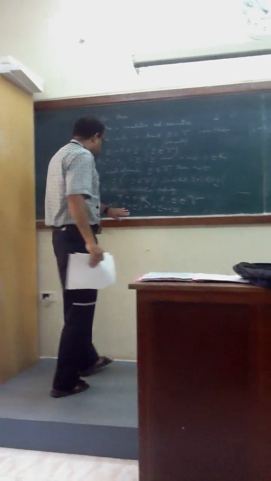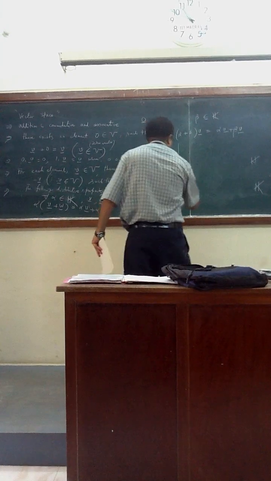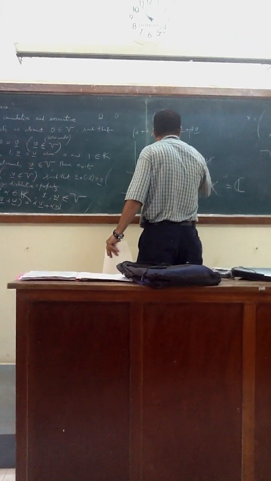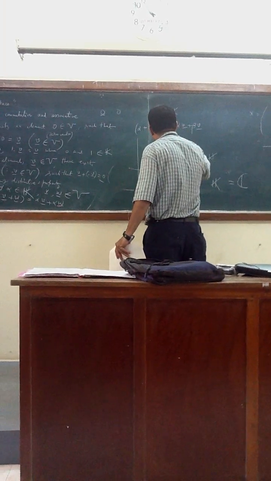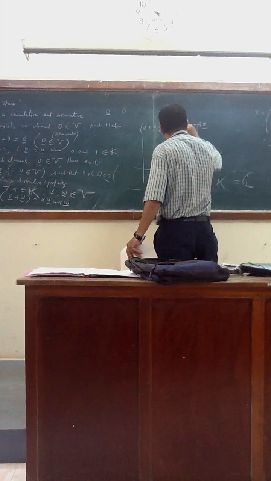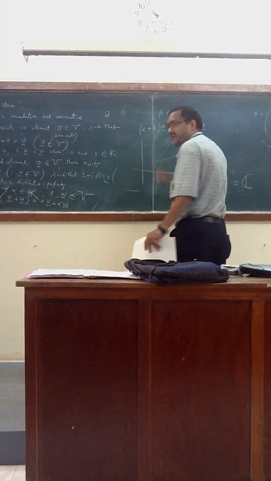All these properties we can draw by the triangle rule of vectors. This is the V vector, this is the W vector, and this is V plus W, right?